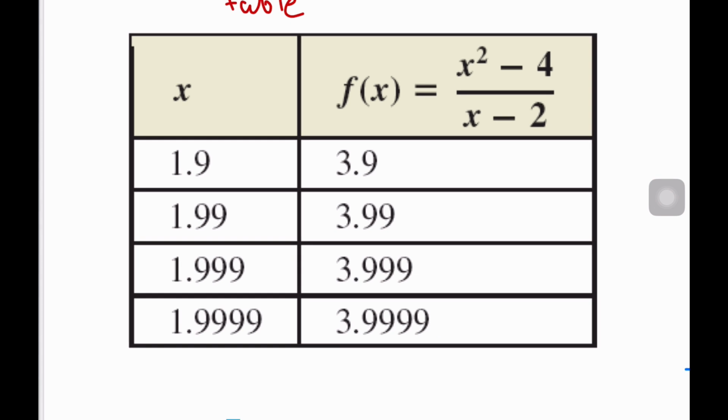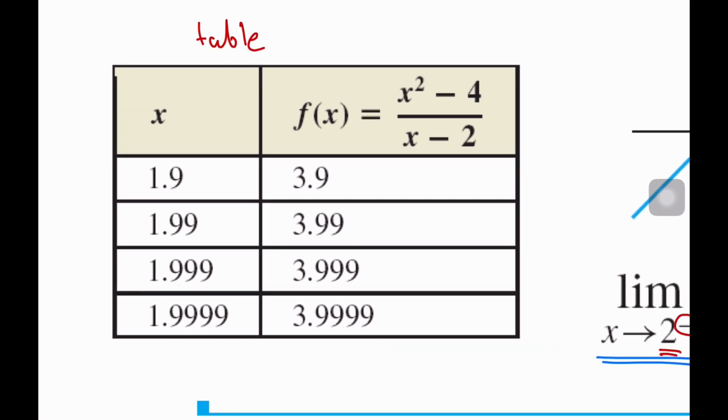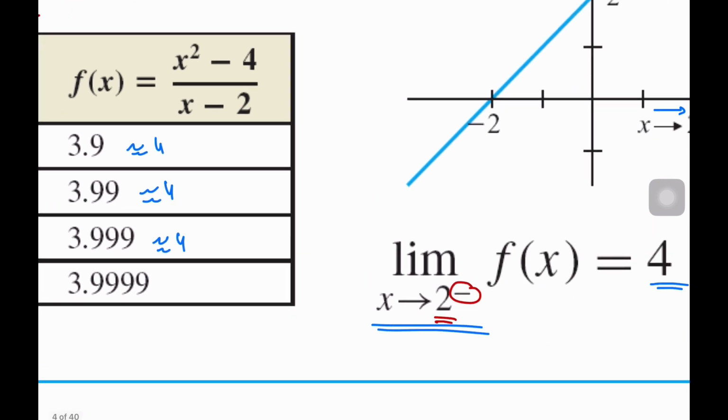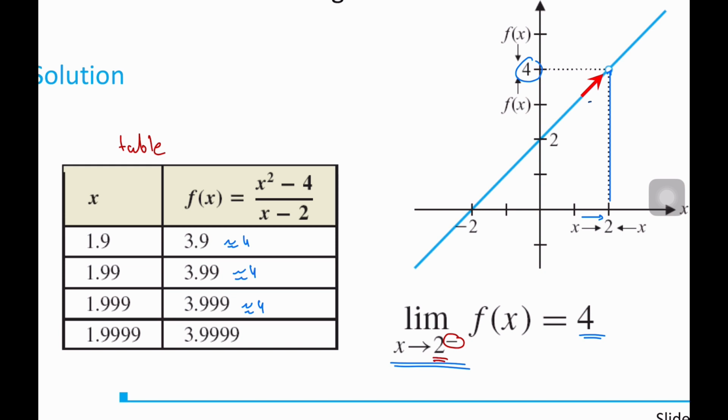And using a table, if we take close values of x to 2 from the negative side, such as 1.9, 1.99, as we're getting closer to 2, we are also getting closer to 4. So we get the same result.